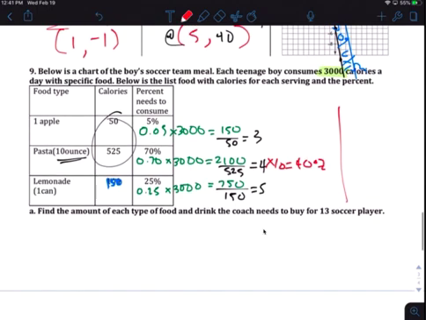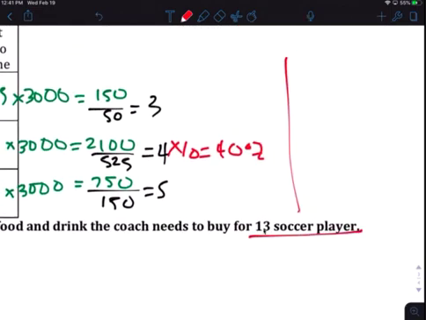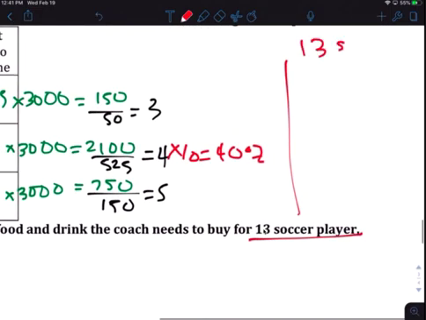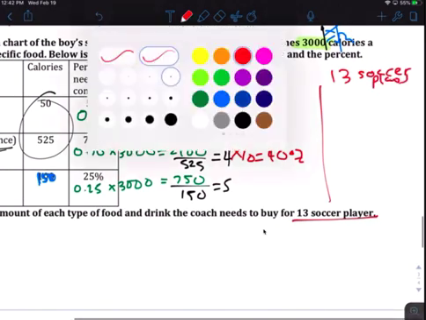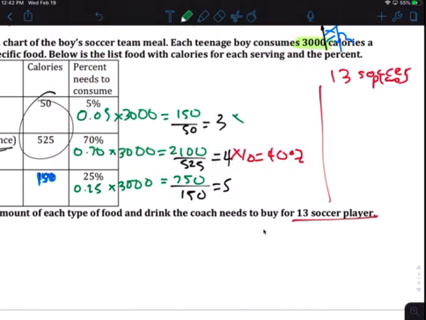Okay. Find the amount of each type of food and drink the coach needs to buy for 13 soccer players. So 13 soccer players, and you need to multiply each of them by 13.